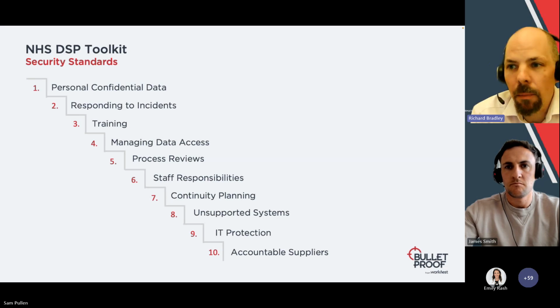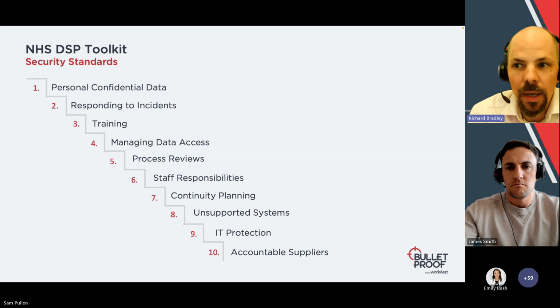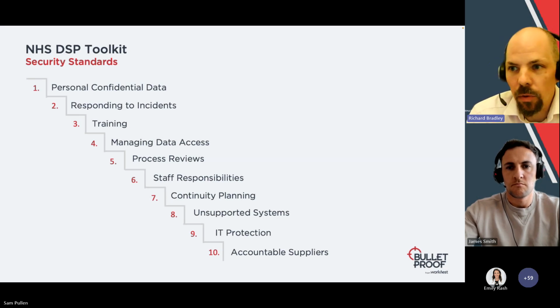And I'll just say most organisations who use the toolkit should be using the toolkit to make those reports. It is a lot easier to do than using the ICO reporting form, I will say as well. So it's a handy tool for that.